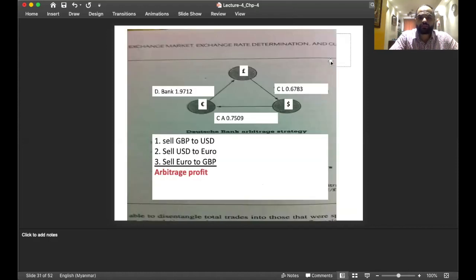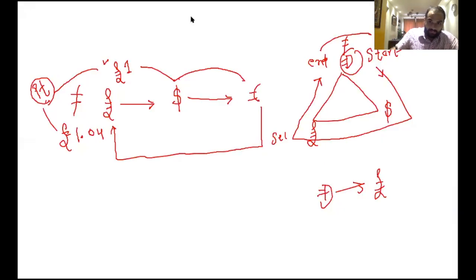Do we have any quick way to know if there's an arbitrage opportunity or not? Yes, instead of just going through the whole process. Yes, we have. So as I said, let me write down. We have two ways. Option one is you directly find dong to pound.